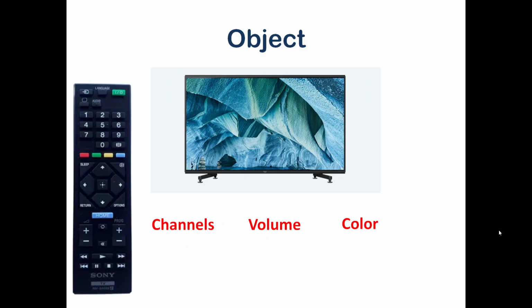The remote control is the only interface through which we can manipulate the data available within the object, the TV set. Using the remote control, I can change the channel, adjust the volume, and adjust the color, and I cannot do anything else other than what is provided on the remote.